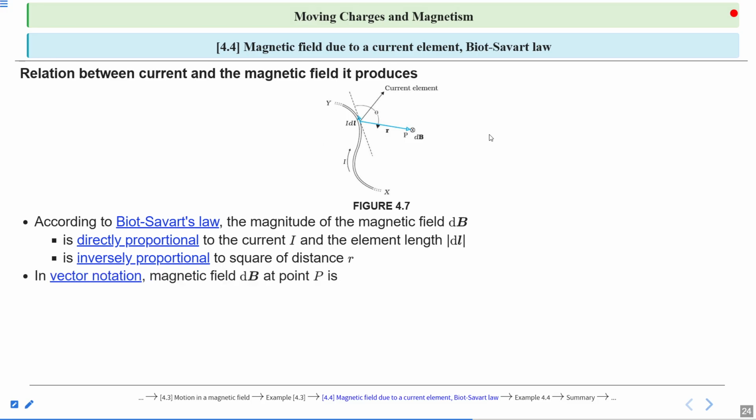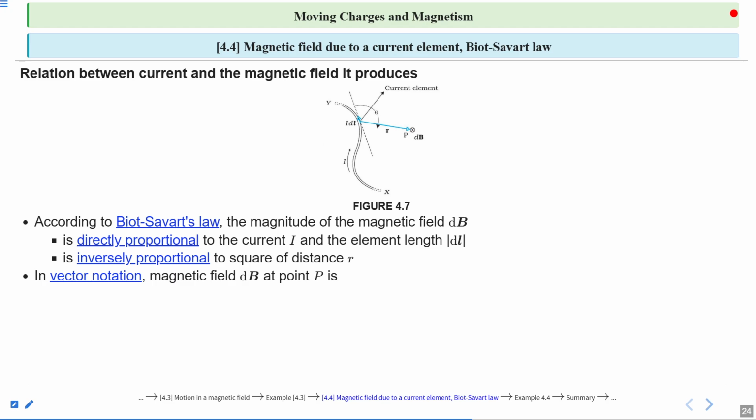In vector notation, what we have seen is that according to Biot-Savart's law, magnetic field dB is directly proportional to current as well as element length dl, and inversely proportional to the square of distance r. In magnitude you understand how it is directly and inversely proportional, but in vector notation the representation is somewhat different.